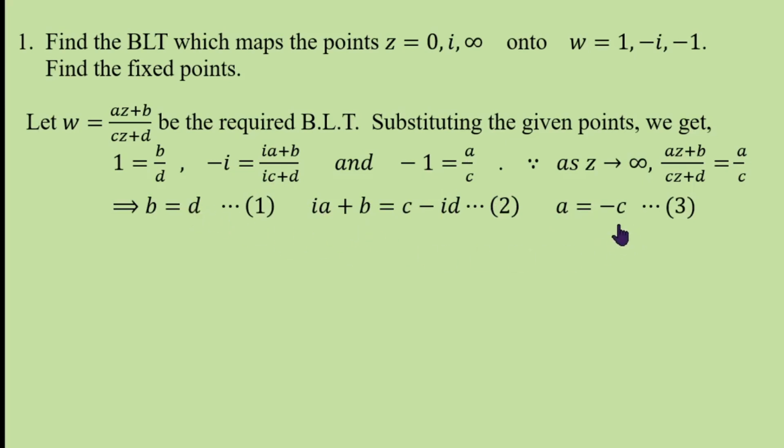From these three equations, find two equations involving only three variables. That means eliminate either D or C or B and find two equations.